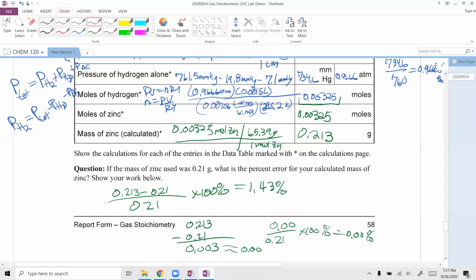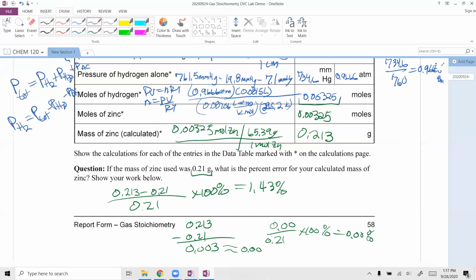And so we don't really have any error there, but we would take either one. It just means that our mass, we probably should have used a better balance when we were measuring, so that way we could get all 3 significant figures.